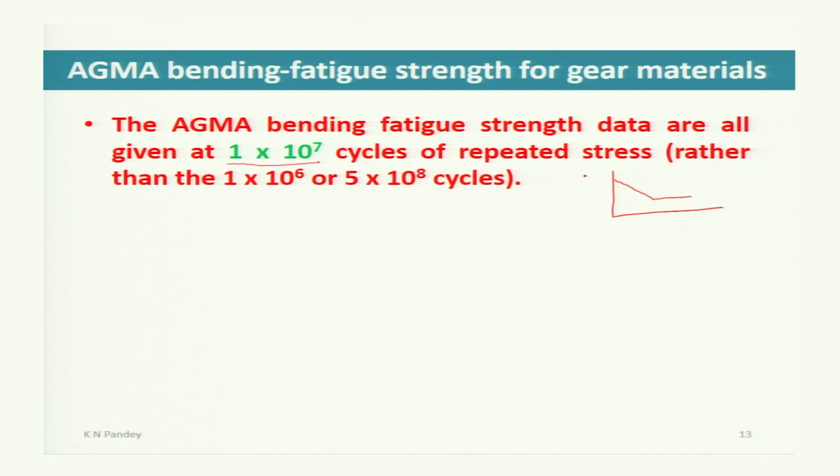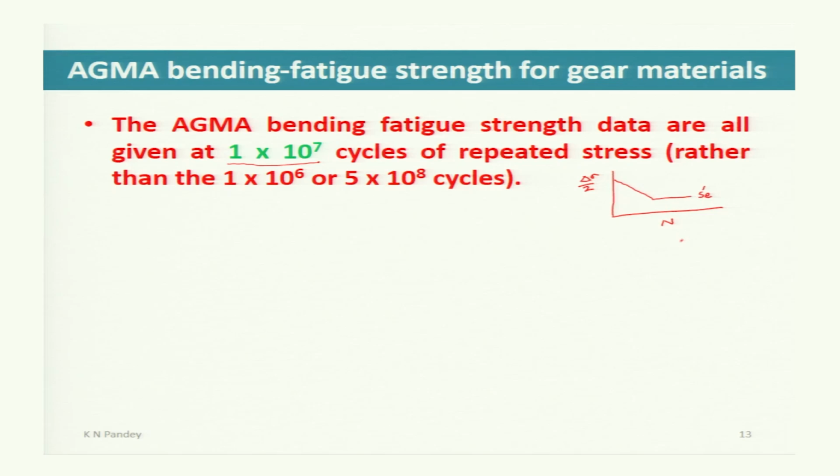This is the SN diagram, delta sigma divided by 2, from the rotating beam experiment, and this is the number of cycles. This is called the Se dash, the uncorrected endurance limit.